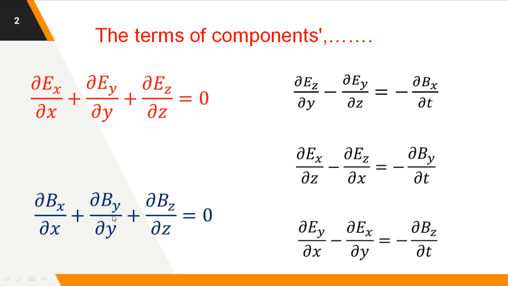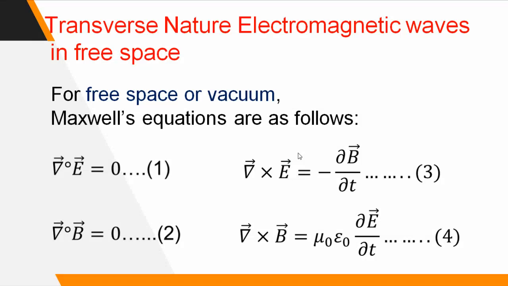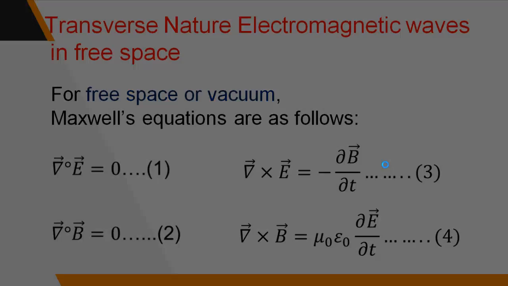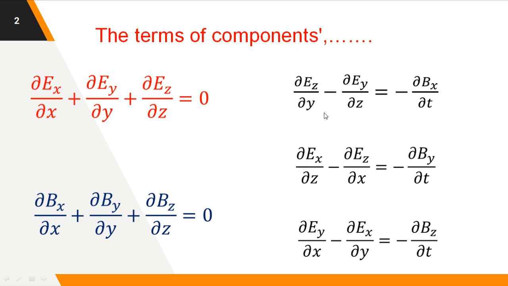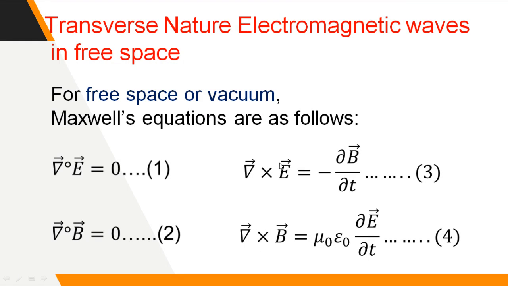This is the second equation in terms of components: dou Bx by dou x, the x component, dou By by dou y, the y component, dou Bz by dou z, the z component. And exactly the same way the third equation. On this side is the curl of a vector, and on this side dou B by dou t, with x component, y component, and z component.